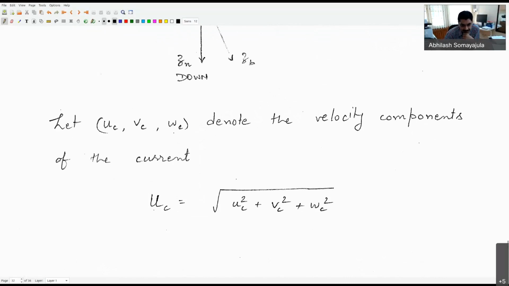Usually you will probably not have WC as a big component, but locally sometimes the effect may be there, especially if you're looking at underwater vehicles. So to keep it general, let us take a current which has three velocity components, UC, VC and WC. Then the total current velocity, capital UC, is the square root of UC square plus VC square plus WC square.